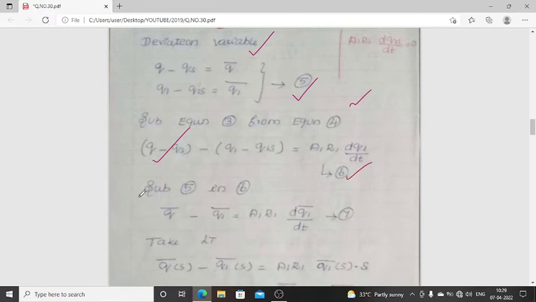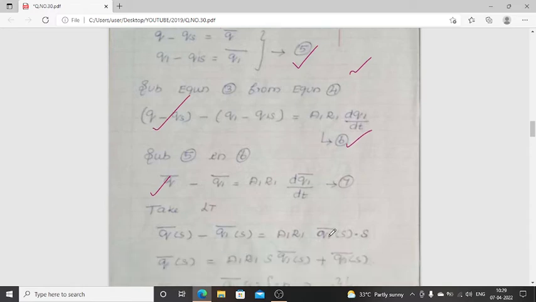Now substitute the fifth expression, the deviation variables, in the sixth expression. So Q bar minus Q1 bar is equal to A1 R1 dQ1 bar divided by dt. This is the seventh expression. Take the Laplace transform.